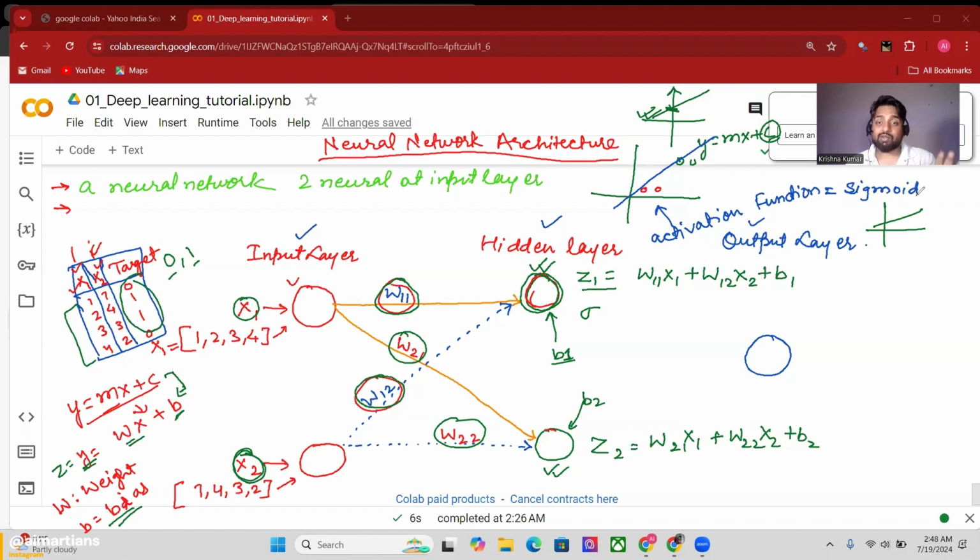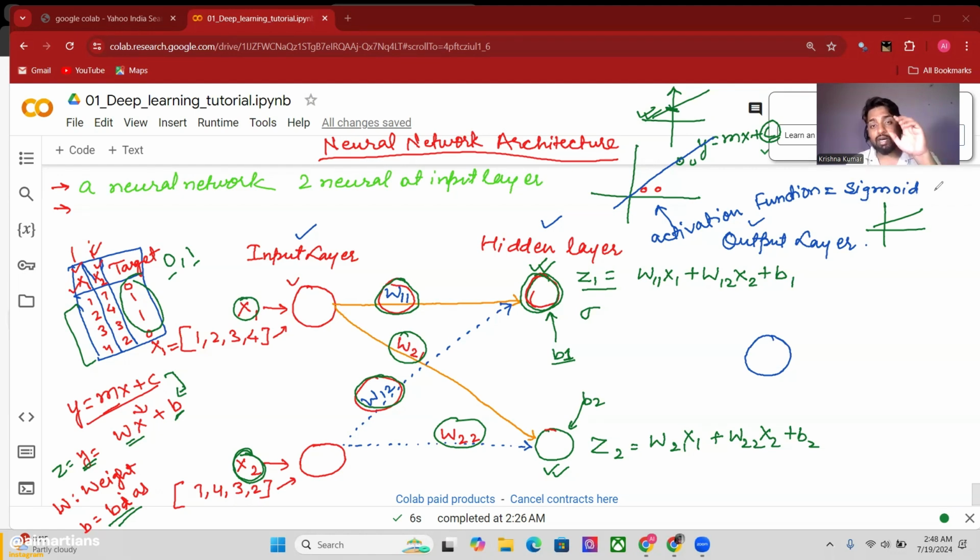Just try to note all this, because these are very important basics. Interviewers always go to the core, they don't ask higher things initially. Even I faced this kind of question in interviews.